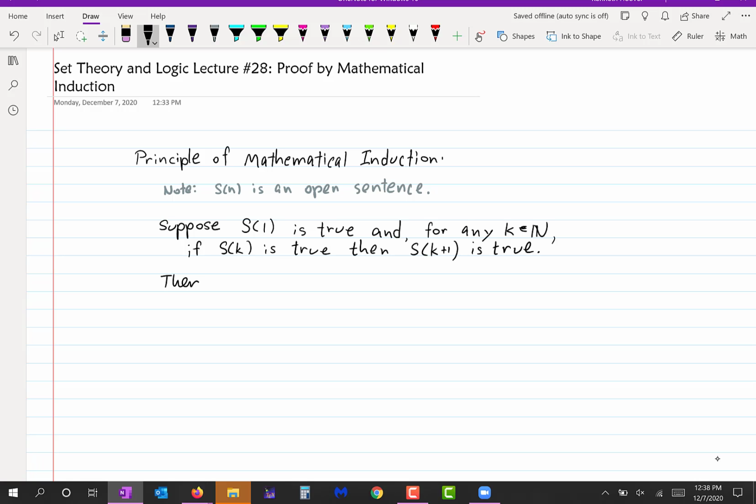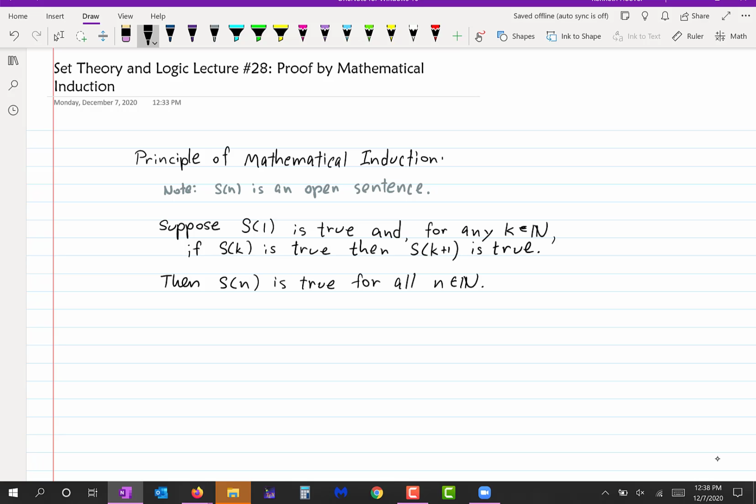Then S of n is true for all natural numbers n. That's the principle of mathematical induction.